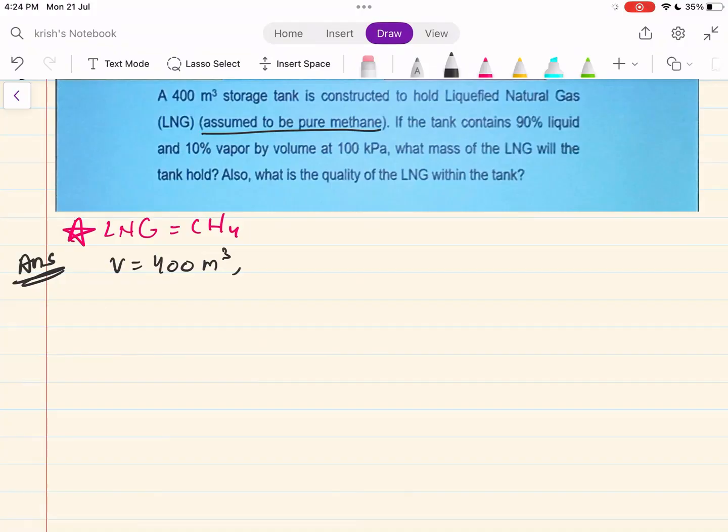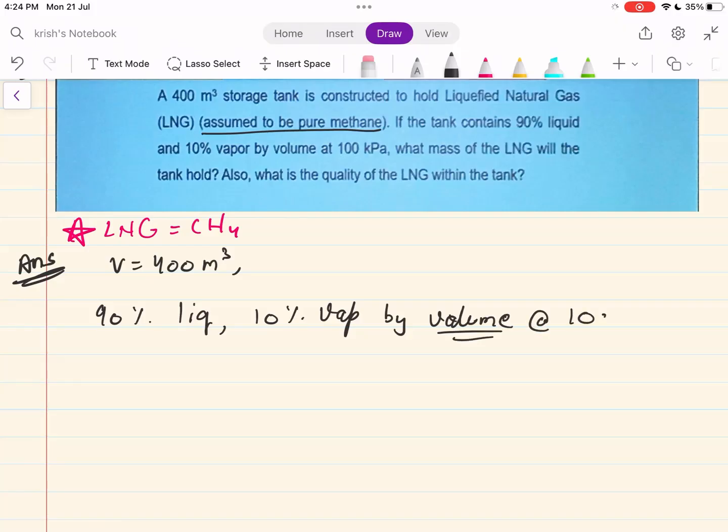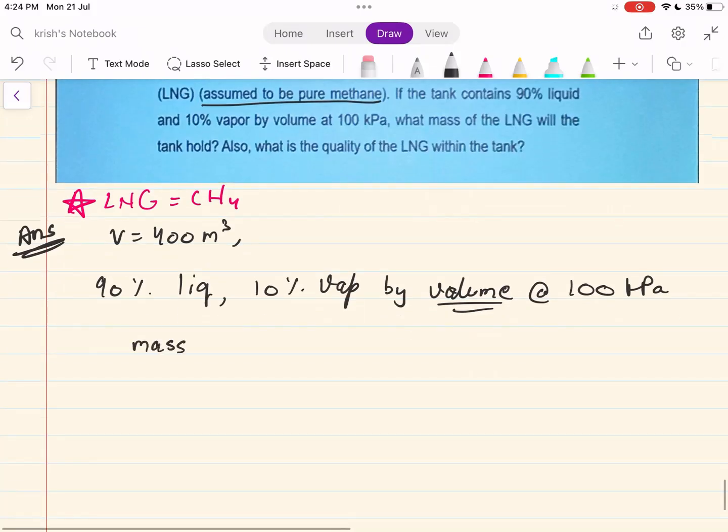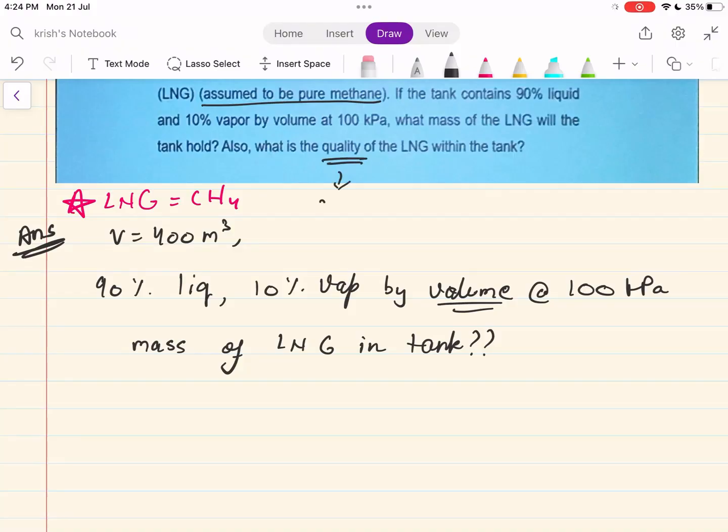If the tank contains 90% liquid and 10% vapor by volume at 100 kilopascal, what is the mass of LNG in the tank? And what is the quality? Quality means quality factor into 100%. So we have to find x and we have to find mass.